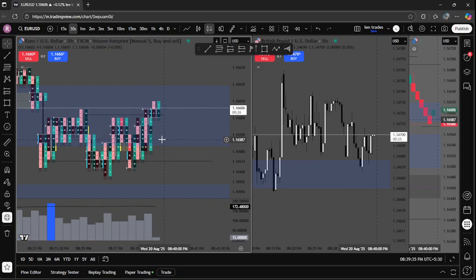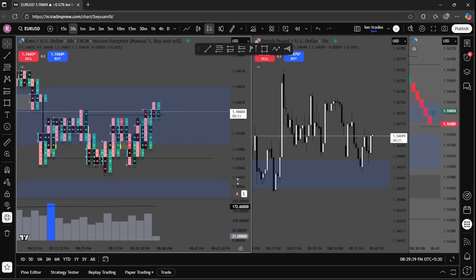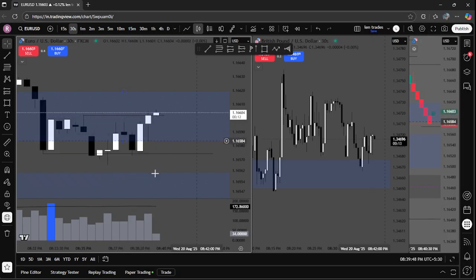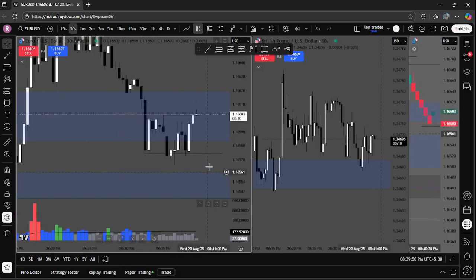And finally, there is this light color that came. At the top we have a bit here. So I just want to see how we break above this high.